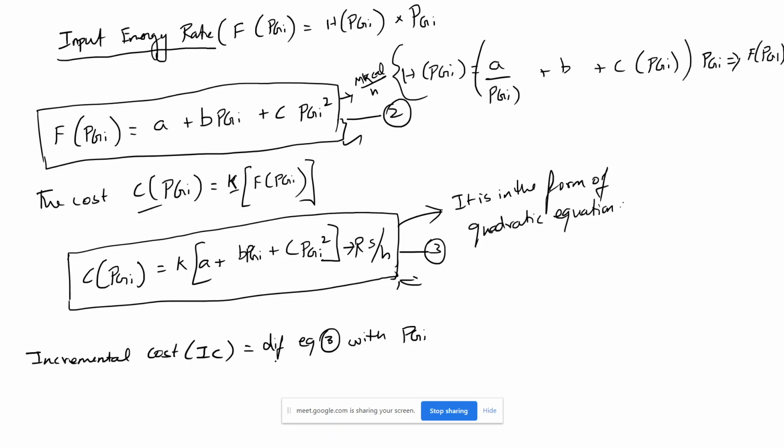So incremental cost is nothing but differentiating equation 3 with respect to PGI.